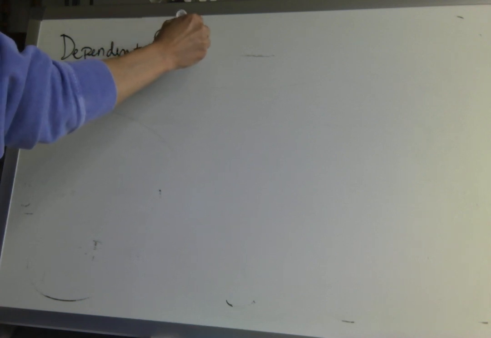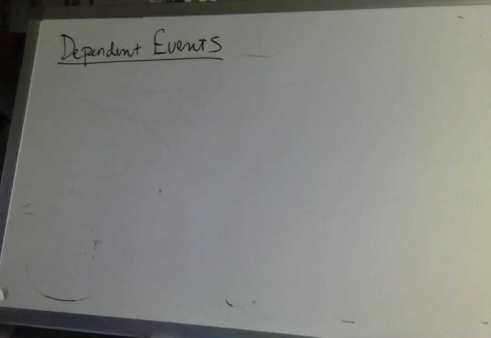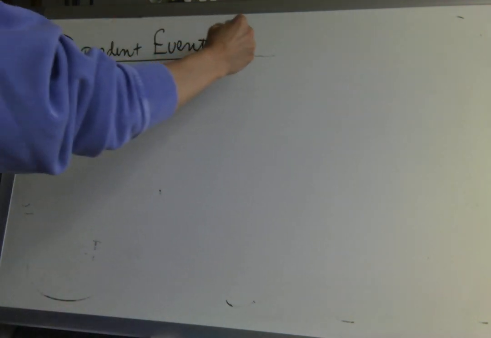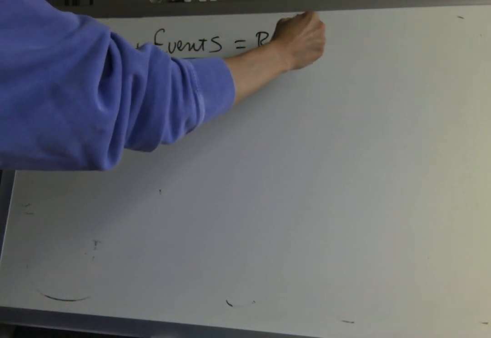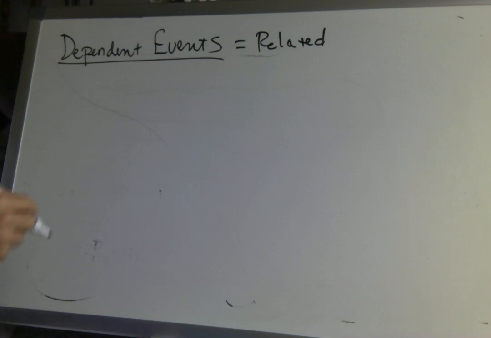Okay. Before we get to the last rule, we have to talk about another sort of definition, something called dependent events versus independent, but it's easier to discuss dependent. Basically, it means they're related, if you want the quick definition.